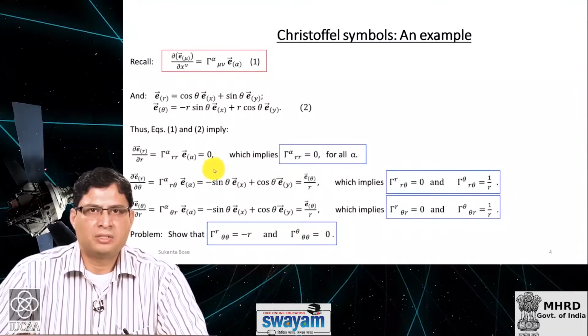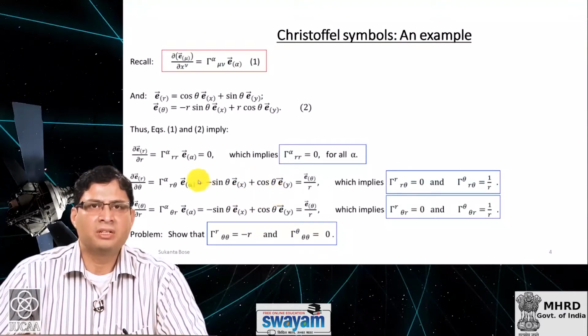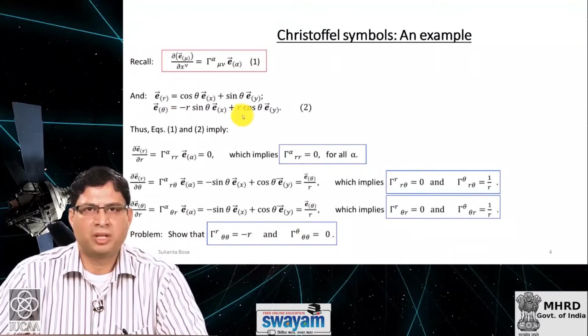And this whole expression is gamma alpha r theta summed with E alpha. But again, going back to equation 2, you realize that this expression can be conveniently re-expressed as just E theta divided by r. And that is because E theta itself is r multiplied with what we had here from the derivative.